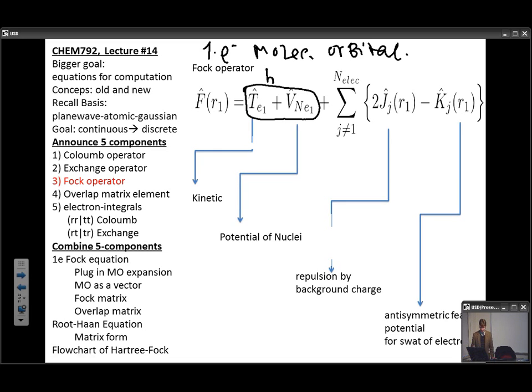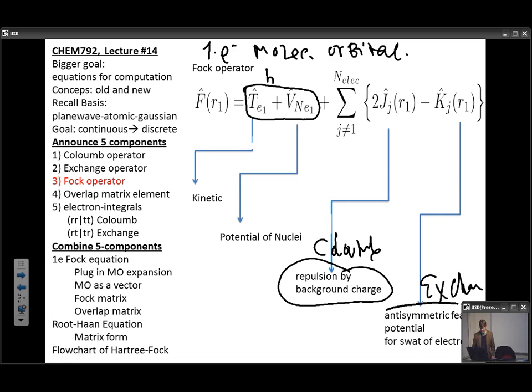But in addition, there are terms that correspond to interaction with the background distribution of the rest of the electrons. The terms that correspond to Coulomb and exchange. But those terms have been integrated over the positions of the rest of the electrons, and they are formally one-electron operators. So the whole thing acts only on one variable.